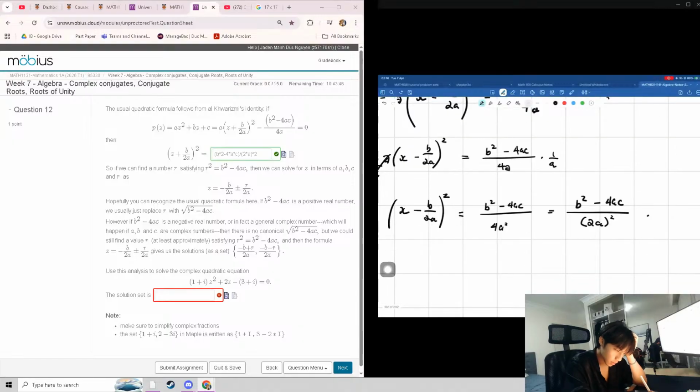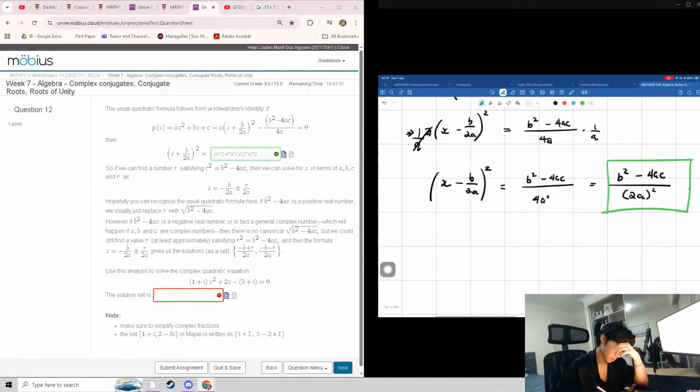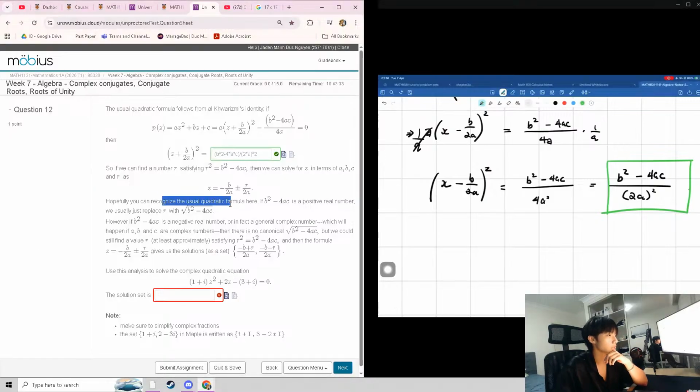And so when you're looking at this form, we're getting oddly close to the quadratic formula. Hopefully you can recognize the usual quadratic formula here. If b squared minus 4ac is a positive real number, we will replace r with its root. So we can find a real number r squared, then we can solve x.